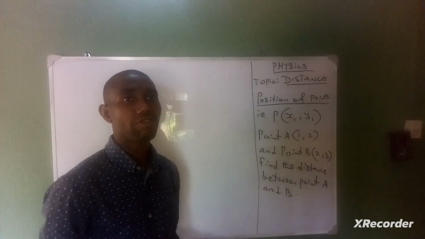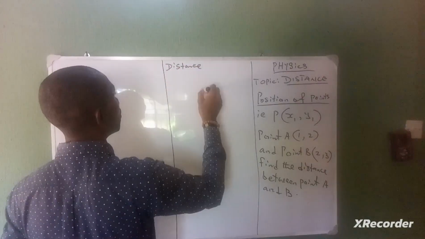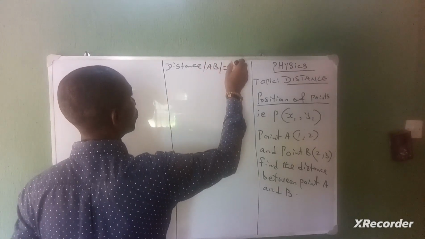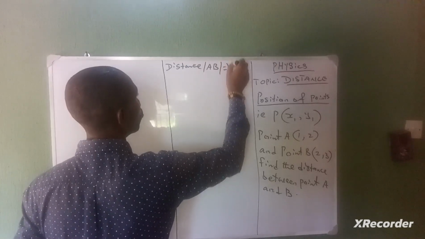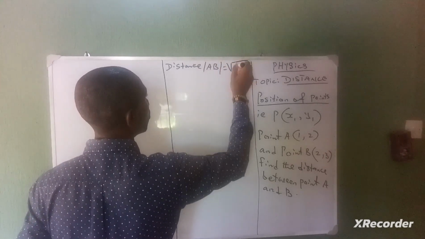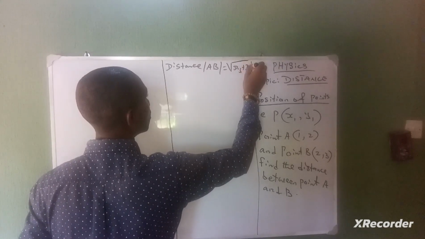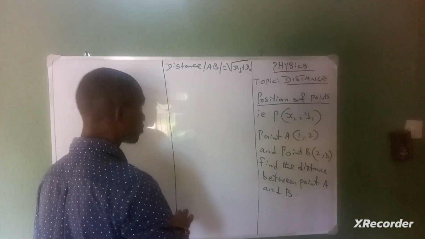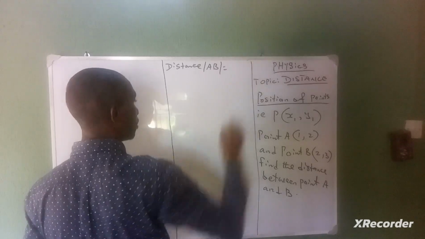In solving for the distance between point A and B, we have that the distance for line AB is equal to the square root of dy plus dx. Let me just write it well.